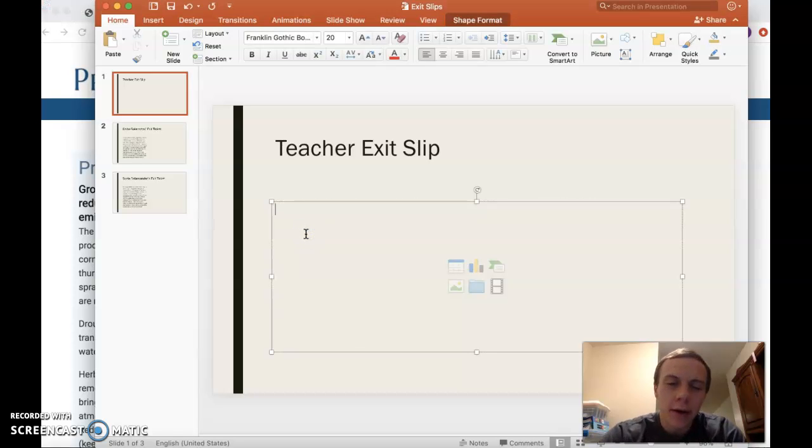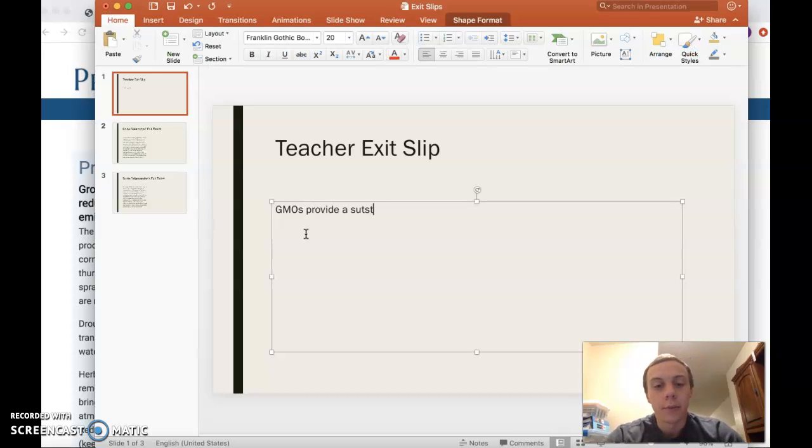As a result, I'm going to use this information to inform my own exit slip. So I'm going to say that GMOs provide a sustainable, long-term strategy to feed the world, but they may cause unintended consequences.